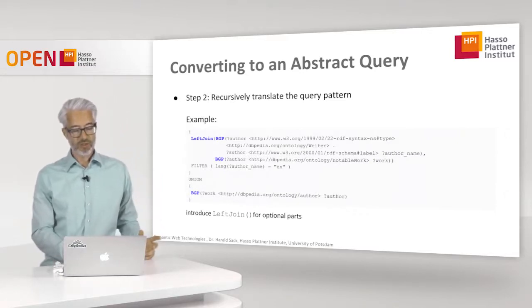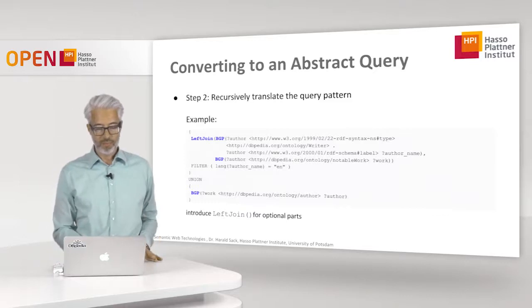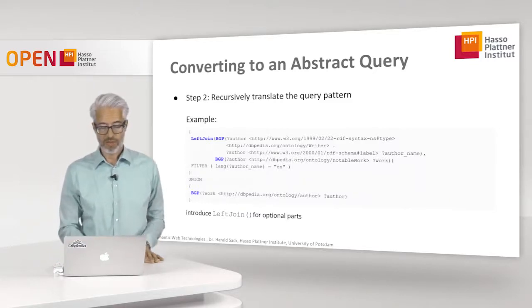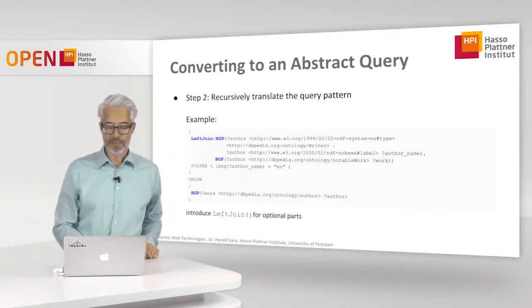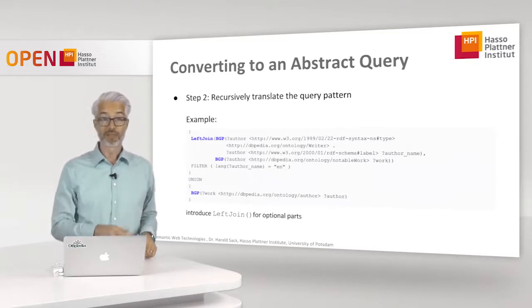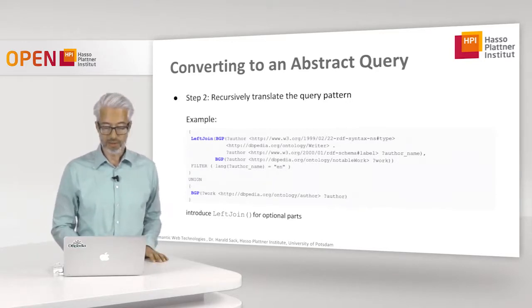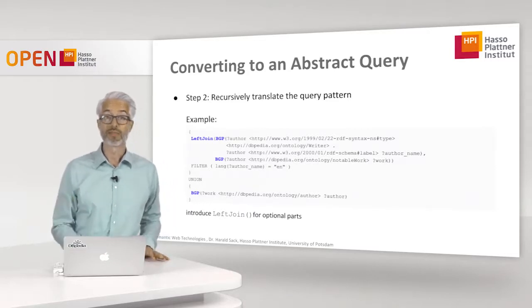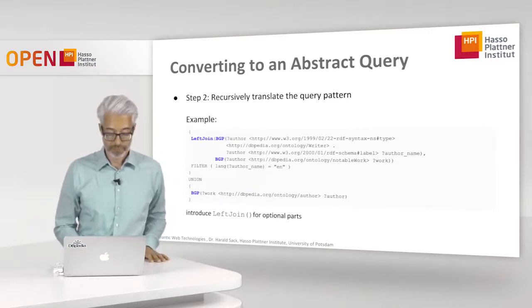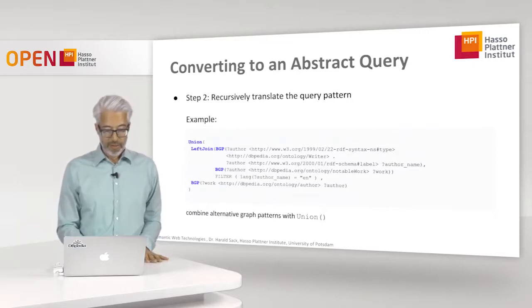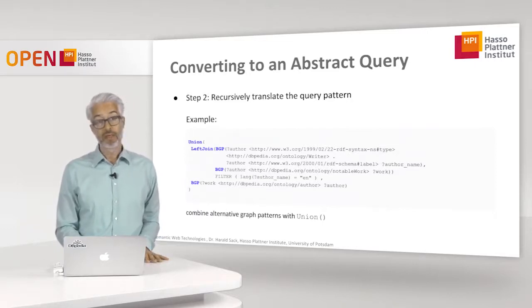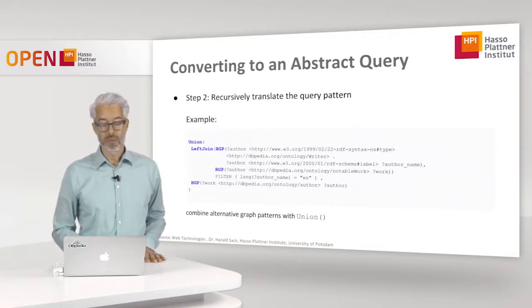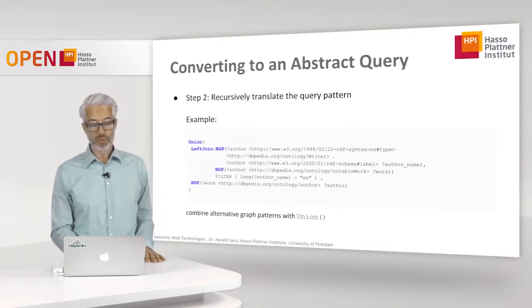We have a left join over both basic graph patterns, which are combined in braces. Of course, we replace the optional keyword and end up with a left join over two basic graph patterns.